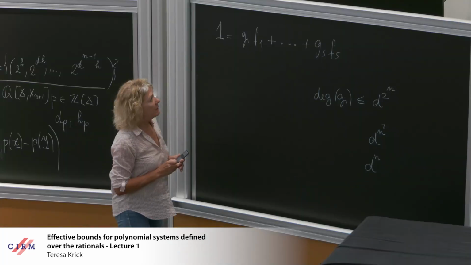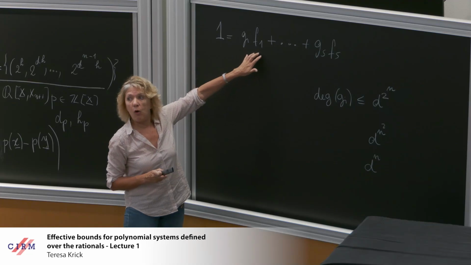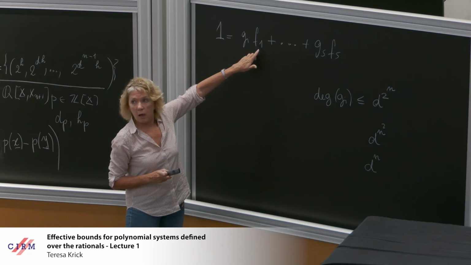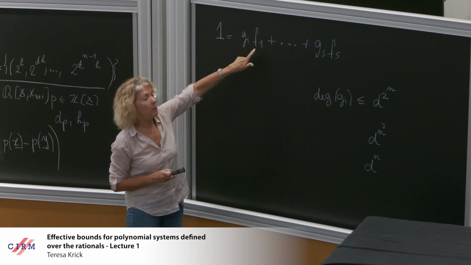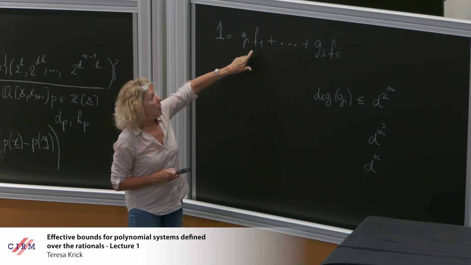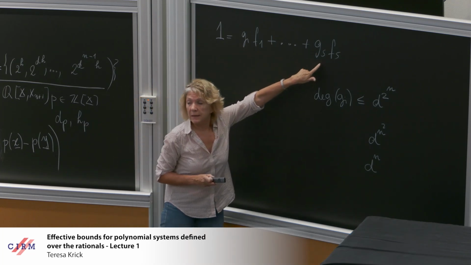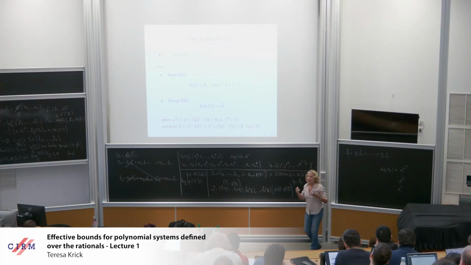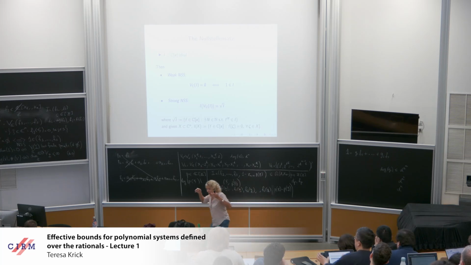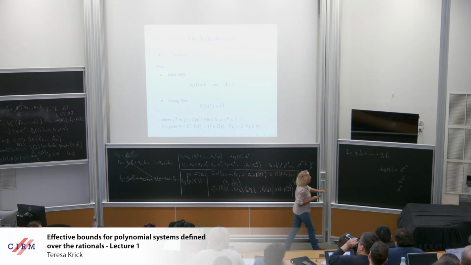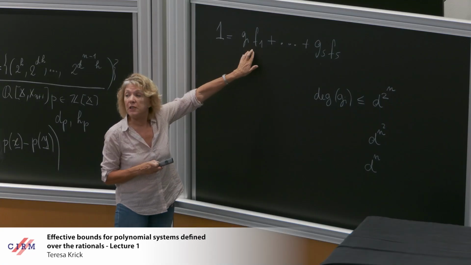But if you start with polynomials that are all in Z[X], so they are integer polynomials, the polynomials Gi that you can eventually obtain using linear algebra will have coefficients in Q[X].